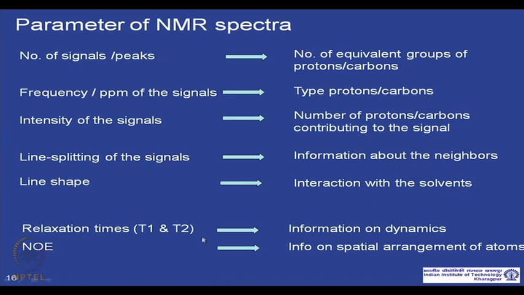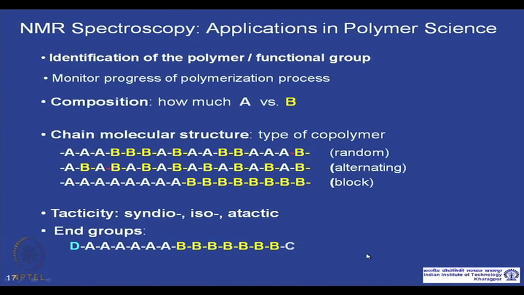More sophisticated NMR techniques like relaxation time and NOE give information about the dynamics of a molecule. So, in case of a polymer, if we get the relaxation time, then we can get information about polymer dynamics, and NOE gives information about the spatial arrangement of atoms.